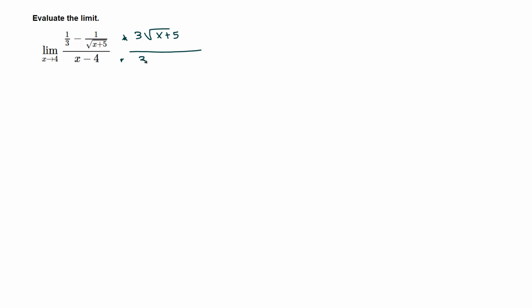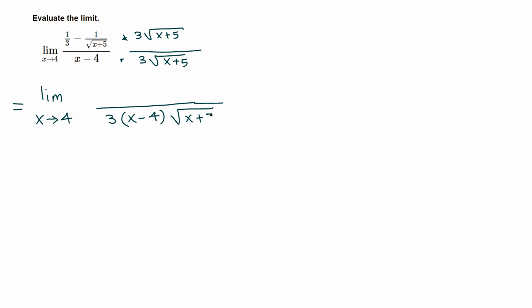So multiply by 3 root x plus 5. This is the limit as x tends to 4 of, there was no issue on the bottom, so let's write everything: 3 times (x minus 4) times (root x plus 5).